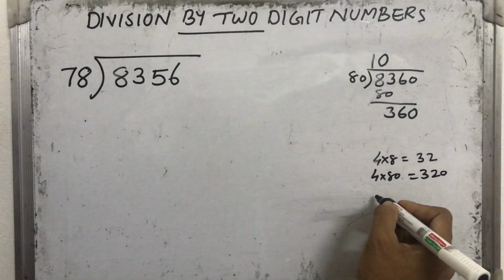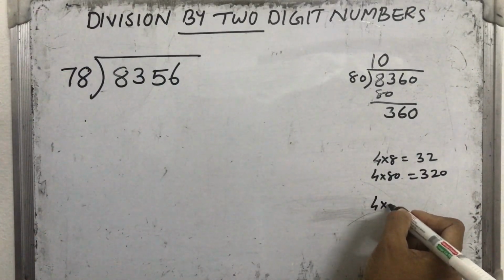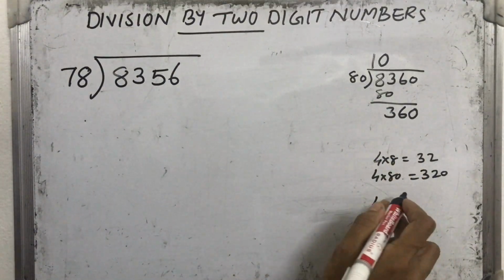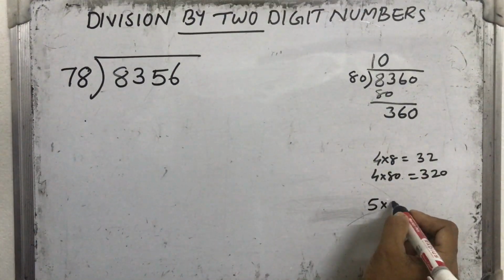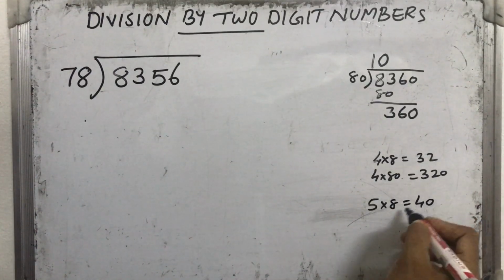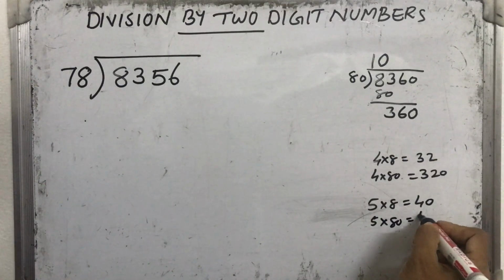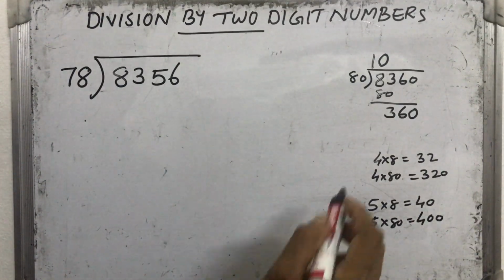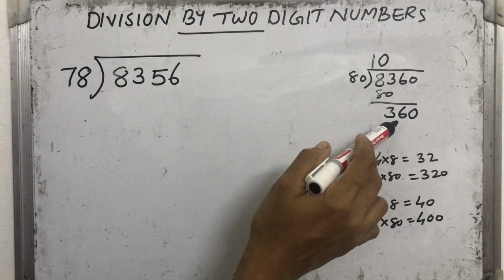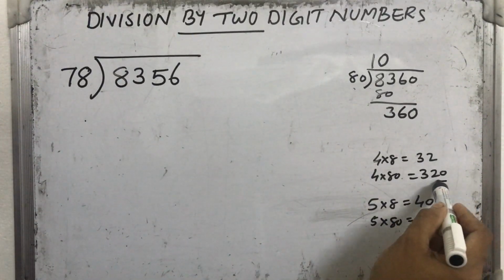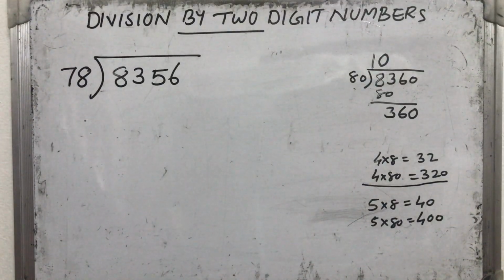And 5 into 8 is 40, so 5 into 80 will be 400. So what will be the division of 360 by 80, which we want to take?